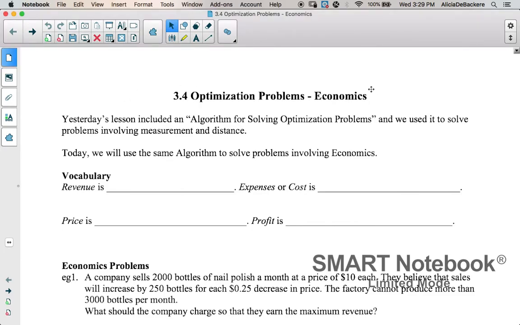In today's lesson, our problems are all going to focus on economics. So there's a few pieces of vocabulary that we need. For instance, when we talk about revenue, we're talking about money coming in to a company, just in case you don't have that understanding.